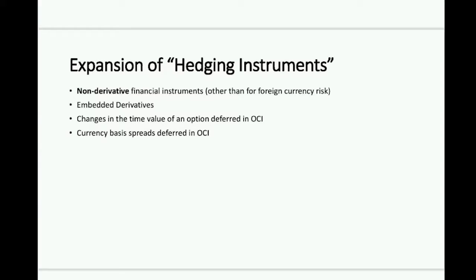For example, non-derivative financial instruments can now also be designated as hedging instruments for risks other than foreign currency risk, which is what it was limited to under IAS 39. Just to be clear, you can certainly designate them for foreign currency risk, plus any other type of risk that might be sitting in that instrument. So it's not limited to foreign currency risks that are sitting in those non-derivative financial instruments.